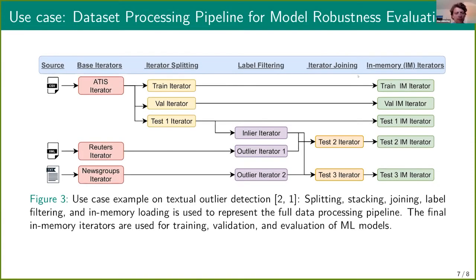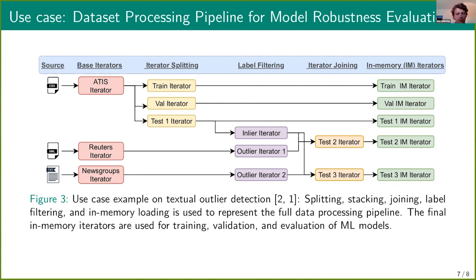Okay, so in the previous slide, I just showed theoretically what we can do. And in this slide, we see a practical use case in which we actually used Datastack. It is a dataset preprocessing pipeline for evaluating the robustness of a machine learning model. Again, we have our base iterators.